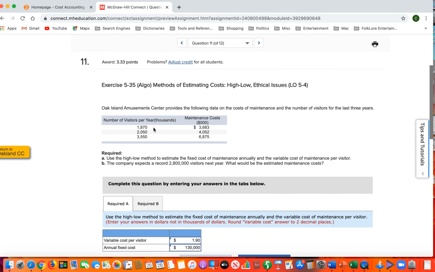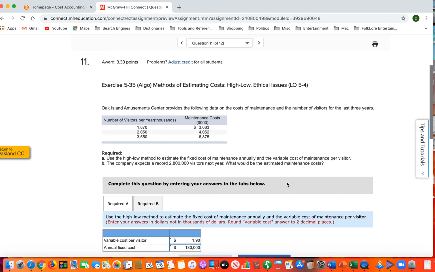So we take the total cost of 6,875. We're going to subtract out the variable portion. So 6,875 minus, in parentheses, 3,550 times 1.90. That gives you 130,000, because these are in thousands. Remember, it says here, thousands.